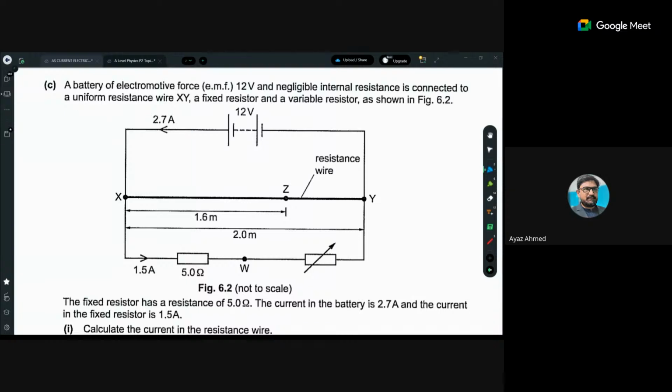A battery of electromotive force 12 volt with negligible internal resistance is connected with a uniform resistance wire XY, a fixed resistor, and a variable resistor as shown. This is the wire XY, and this is the point Z. Its length is 1.6 meter. Got it?